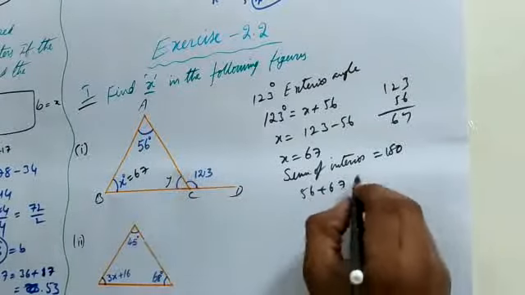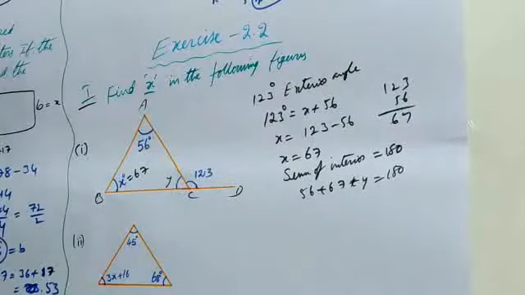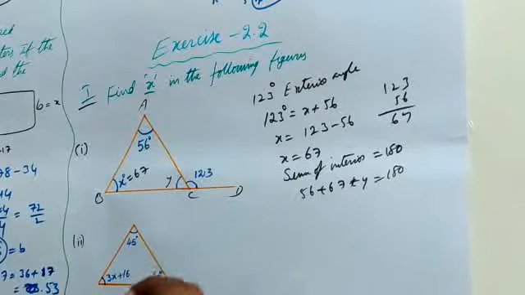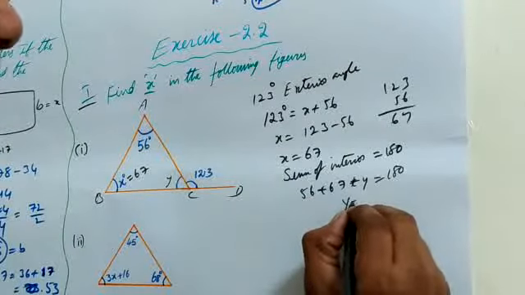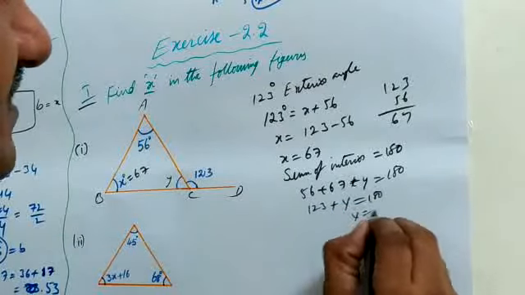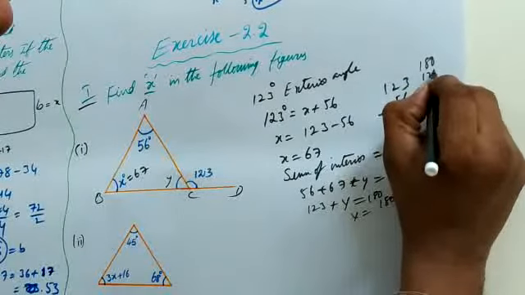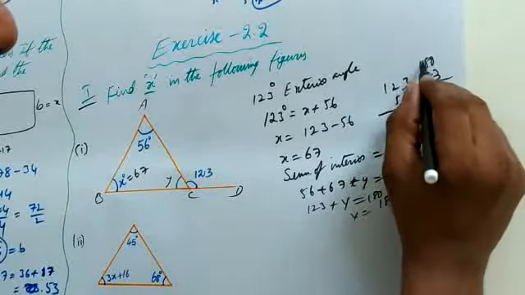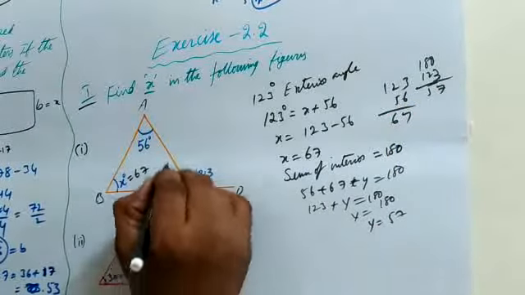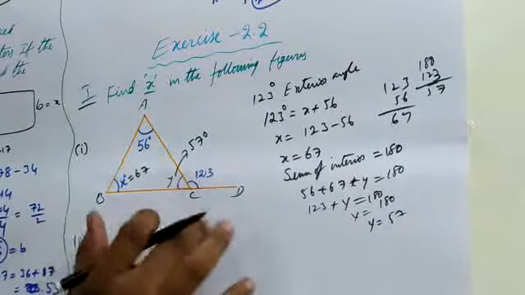Therefore 123 plus y is equal to 180, so y is equal to 180 minus 123, which is 57. This angle is equal to 57.